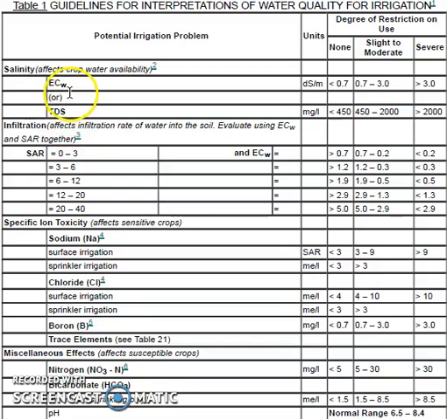You can convert the EC to total dissolved salts by multiplying the electrical conductivity by 640. If you multiply 0.7 by 640, you will get 448, or approximately 450.